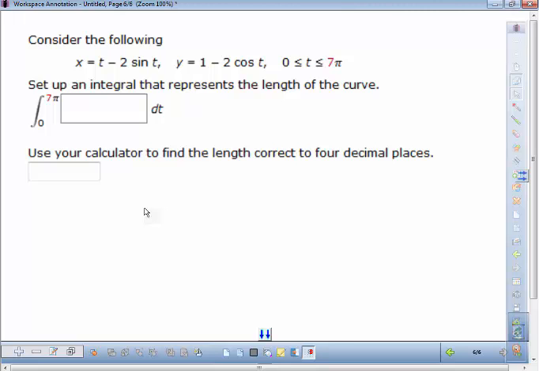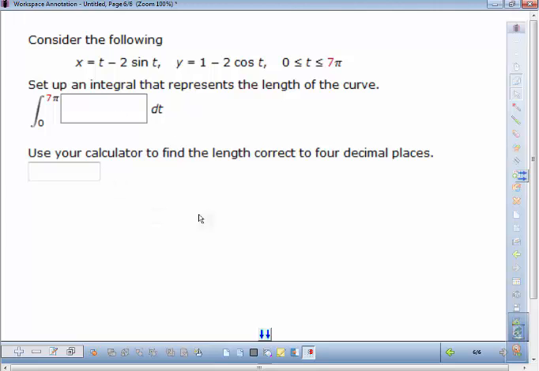That's the first part of your problem here. The second part is to actually find the numerical value, and we'll just punch it in a calculator to find that. Do you guys know how to use a calculator to find numerical integrals, by the way? Okay.